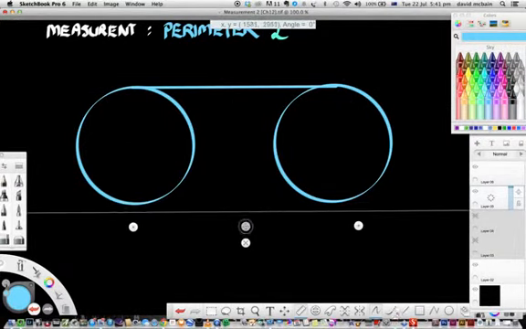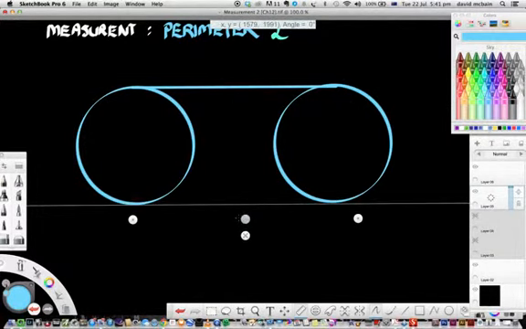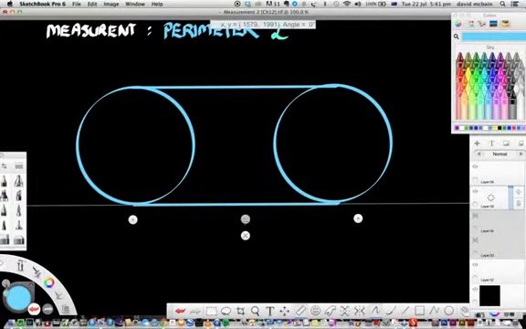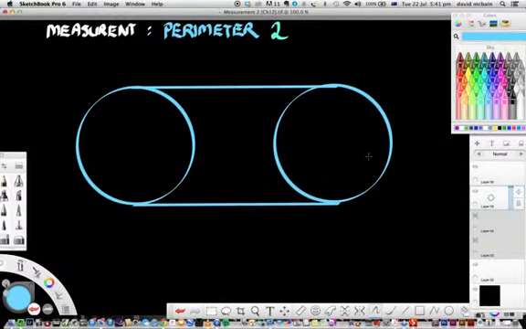And I'm going to join them together like that. So far, just like the other example, but there's going to be something different. Watch this. This time, I'm going to erase this part. And I'm going to erase this part.